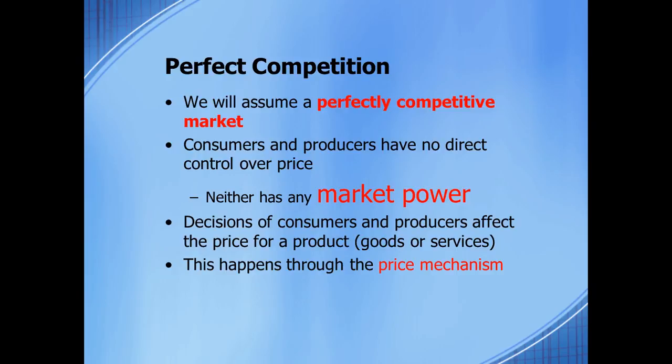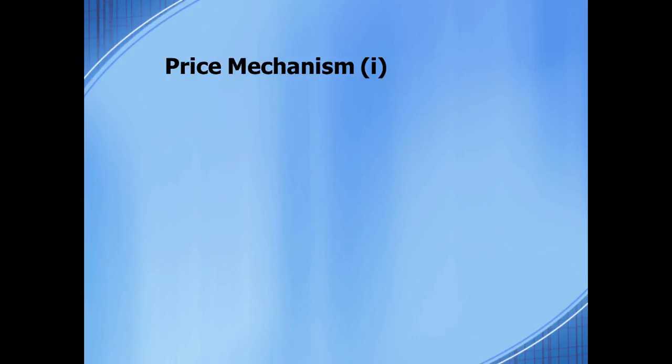But if there's a good catch and only a few people who want that type of fish, then the price could be low. So in some markets, prices can be changed by the supplier, but for today we're actually examining a market where there's no market power.